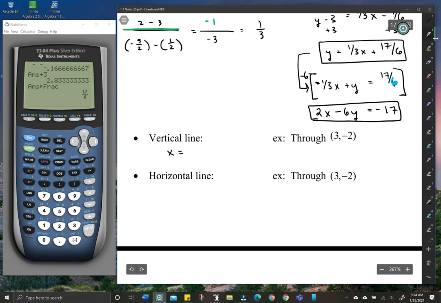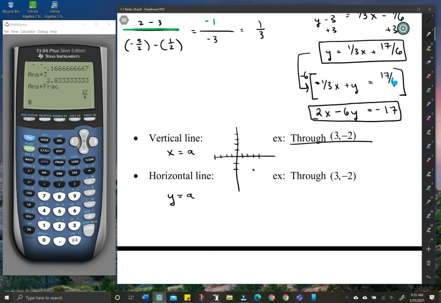If we want a vertical line to go right through this point, if we look at it on a graph, this is an ugly graph, but that's okay. 3, negative 2 would be about over 3, and we'll say about there. That is the point 3, negative 2. So I want a vertical line to go through there. Well, the x-coordinate there is 3.